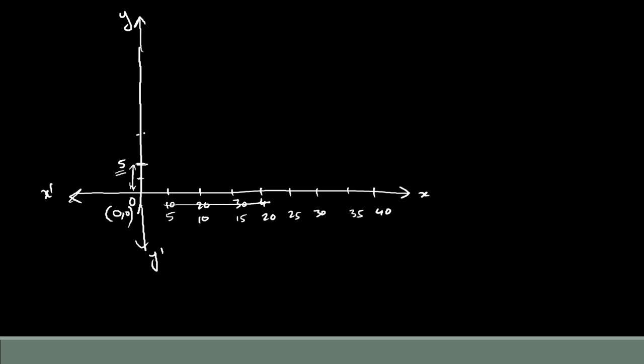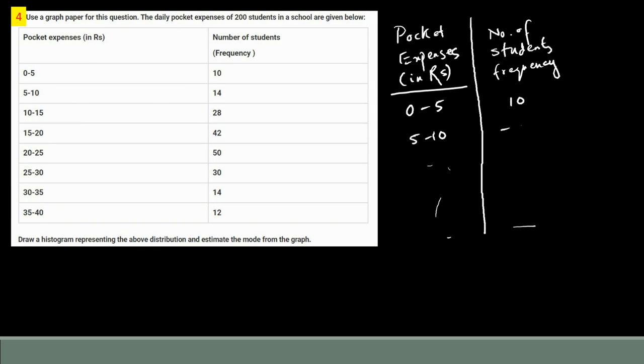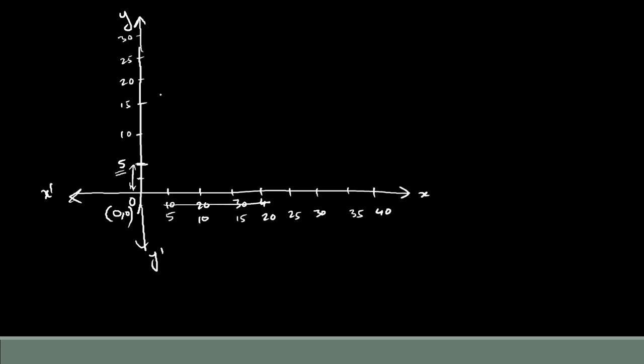So 5, 10, 15, 20, 25, 30, 35, 40, and it has to go up till 50 on the graph paper.